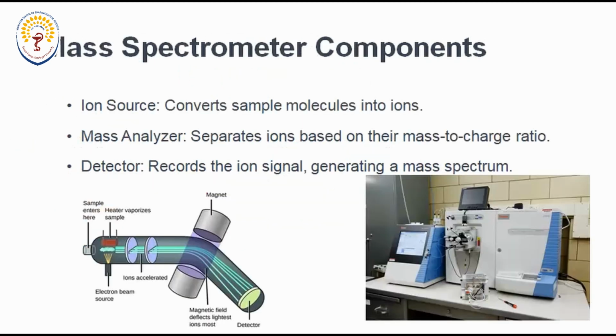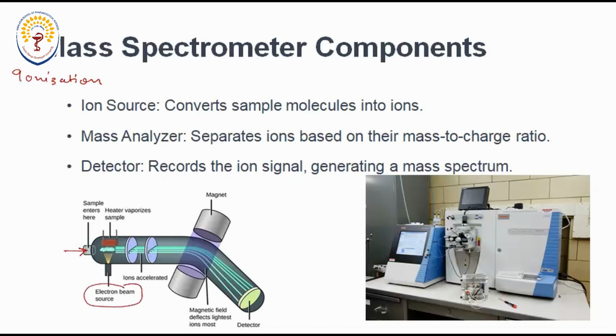Now let us see these steps. As I have told you, the first step was ionization. In this step we introduce the sample into the mass spectrometer. This is a diagram of it, and there is an electron beam source.